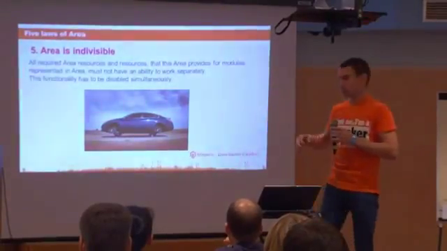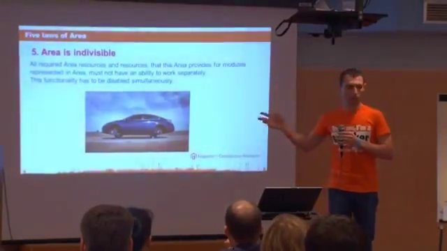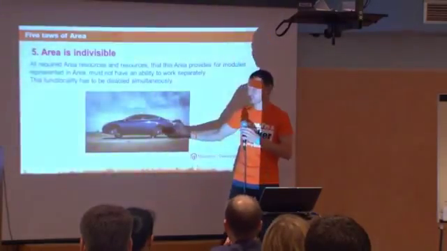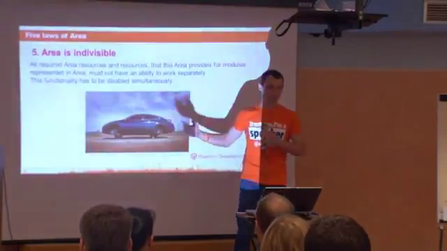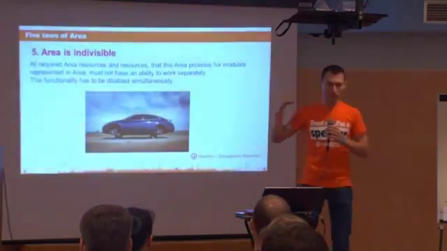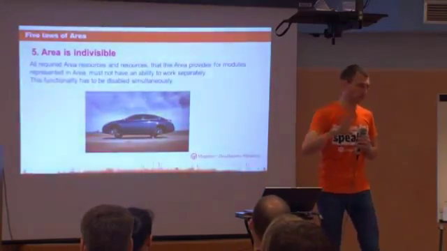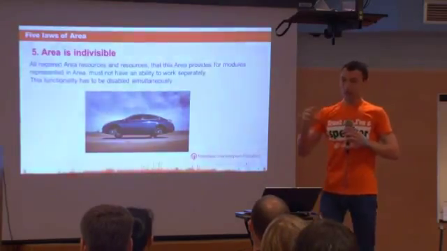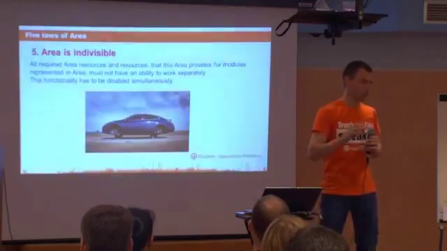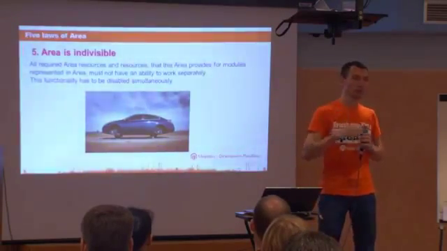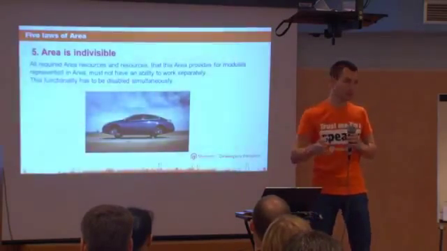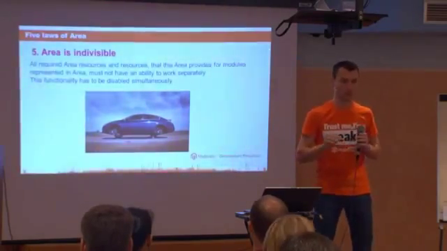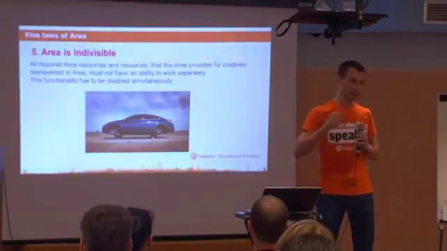For example, if you want to use this car for driving somewhere, this car has to have four wheels, and in this case you can go somewhere. And for example, if you have some area and an authorization and authentication mechanism for this area is required, you can't use this area without this mechanism. That's why in Magento 2 we say that the area is indivisible.